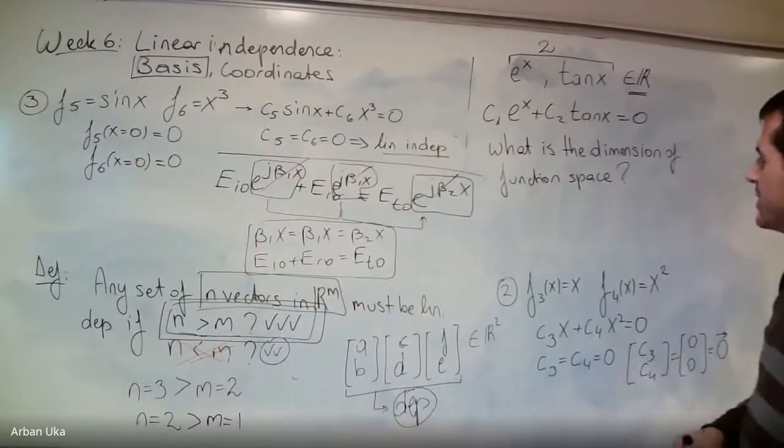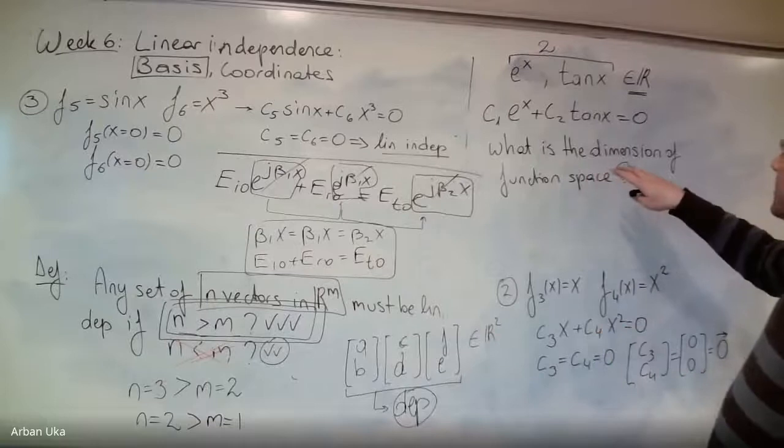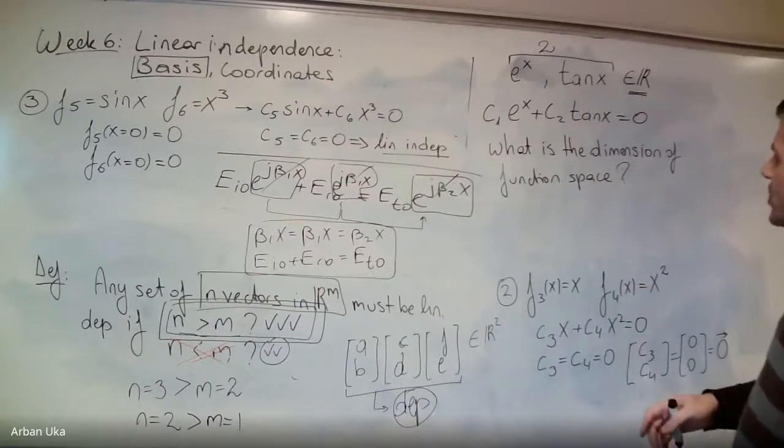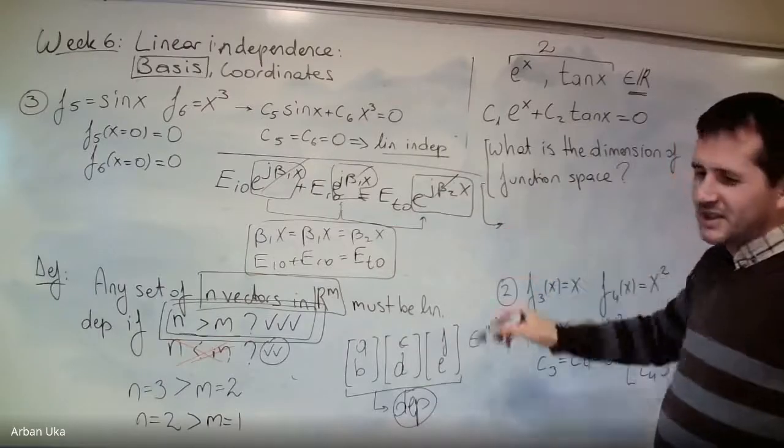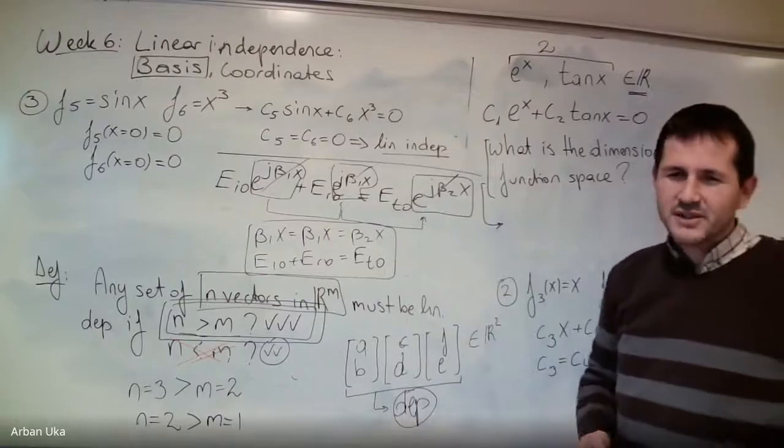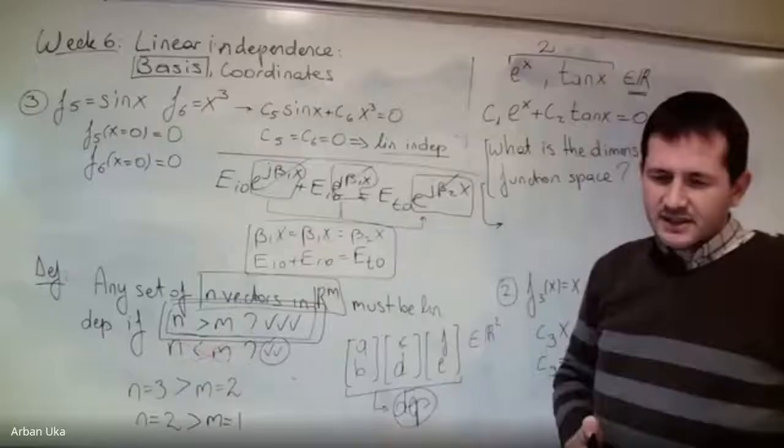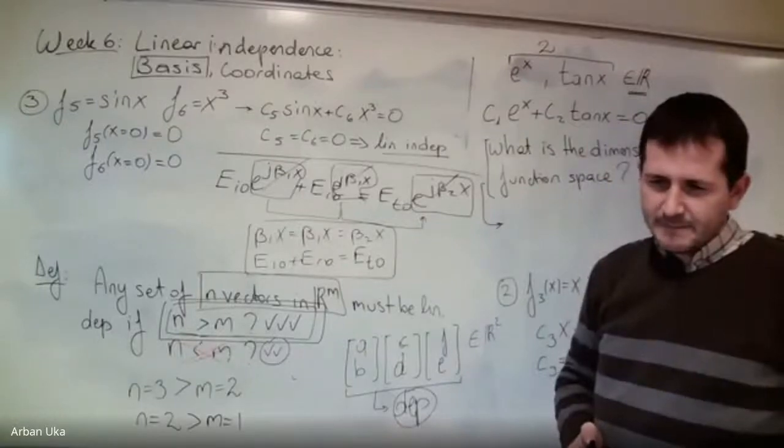So I'm asking a question: what is the dimension of the function space? Wouldn't it be R squared, Professor? Well, not really, because these are not vectors. So we're in a single plane. Say it again. They form a plane with each other? Probably.